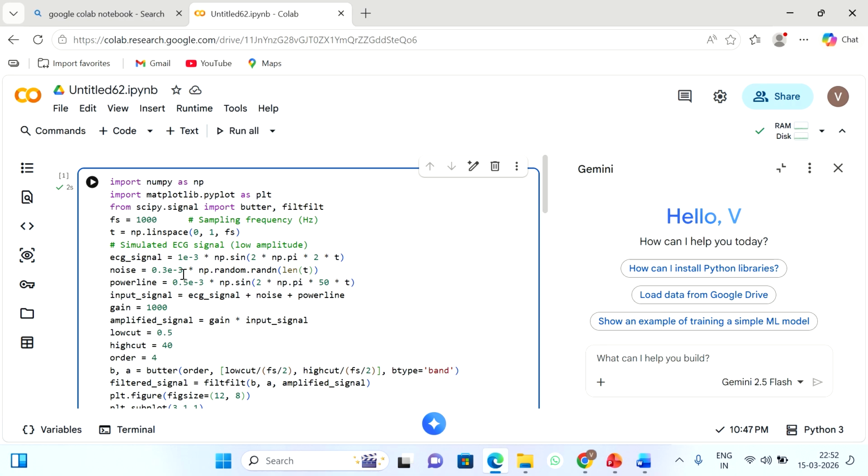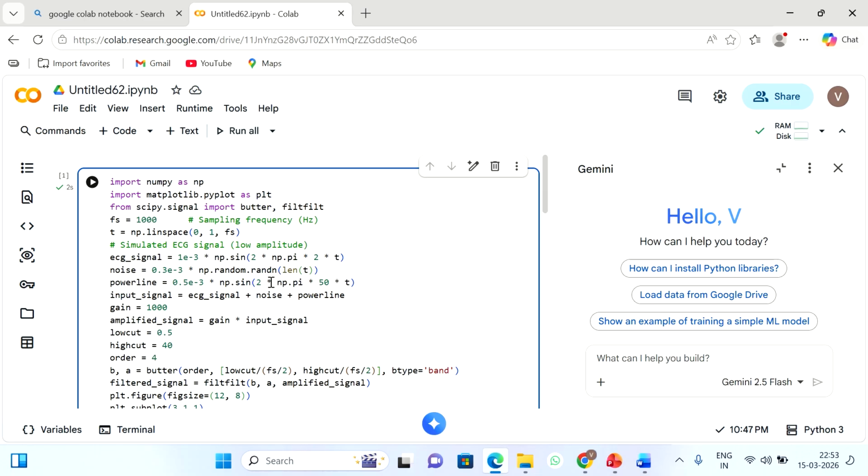This represents a small biopotential signal like ECG, and this creates random noise. The noise is equal to 0.3e-3 times np.random.randn, that is random numbers, open bracket len open bracket t.